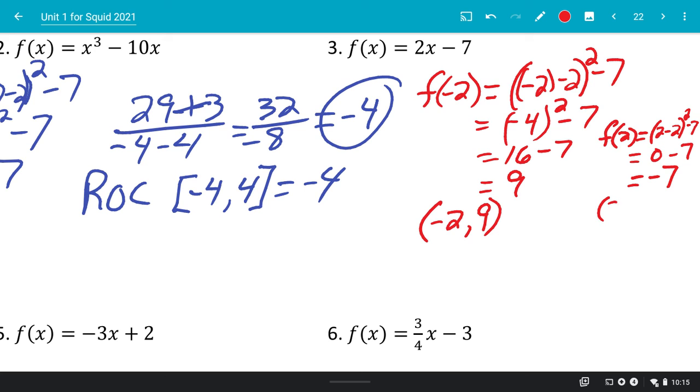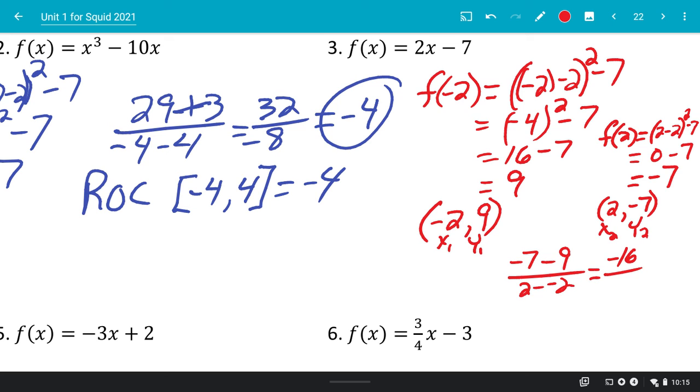So I did all of that to find out my input's 2 and my output's -7. x1, y1, x2, y2. So I got -7 minus 9 over 2 minus a -2, which is -16 over 4, which is -4. So my rate of change from -2 to 2 was also -4.